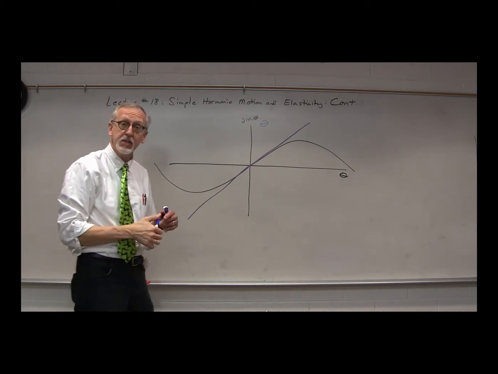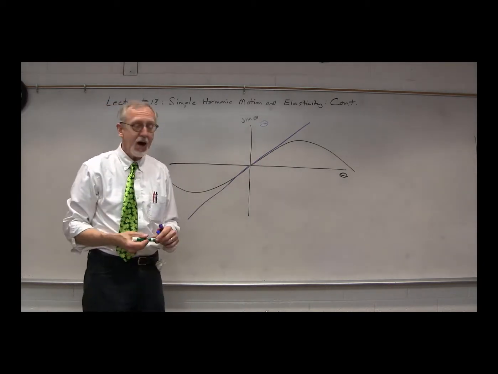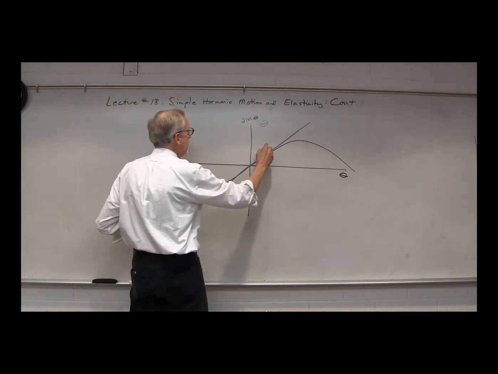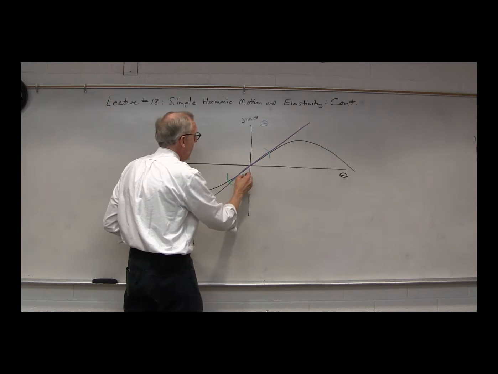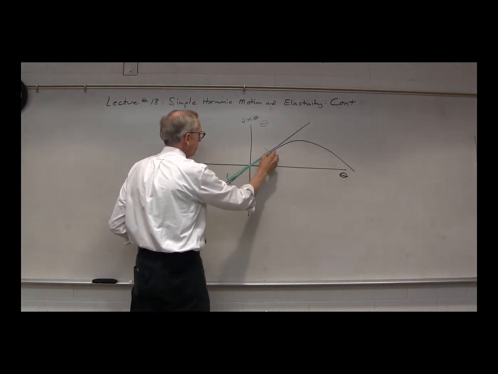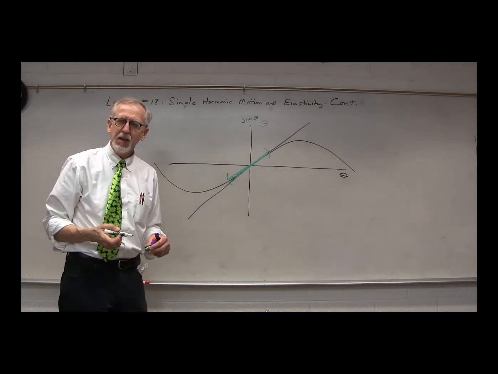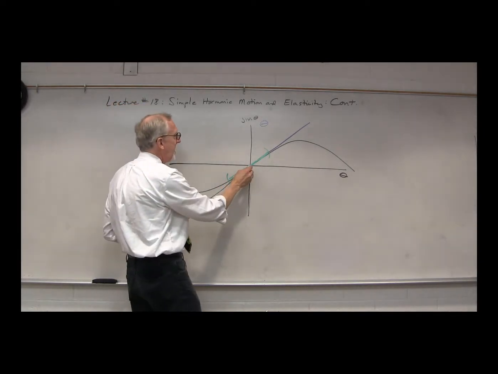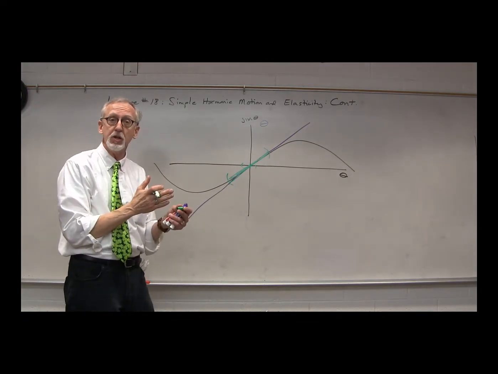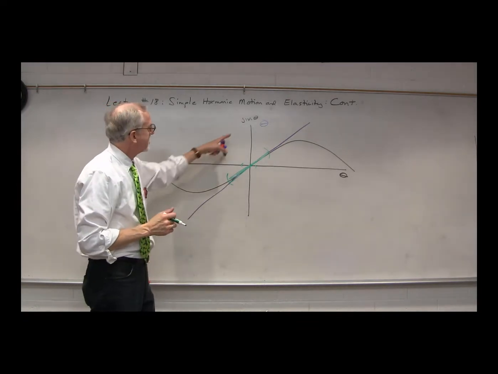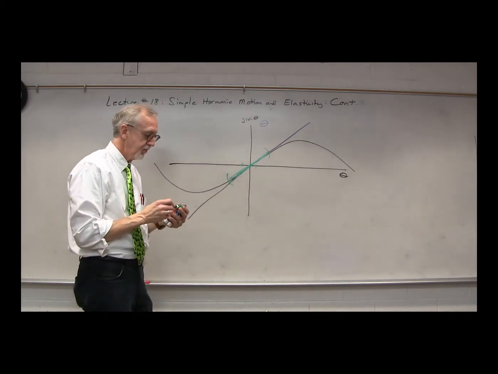Now, what I want us to notice is that while these are very different functions, obviously, in here, near the origin, they overlap very closely. They overlap a lot. So what does that mean? Well, for small values of theta, in other words, values of theta close to the origin, sine of theta is approximately the same as theta.